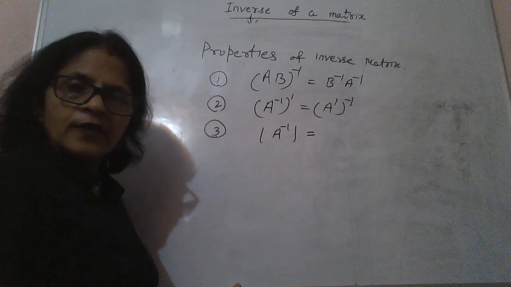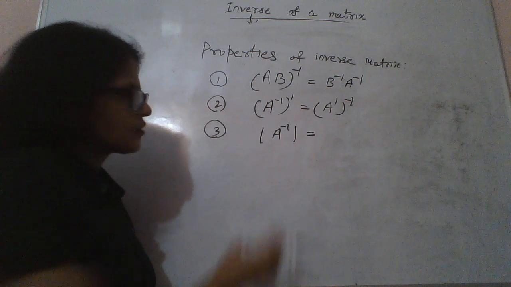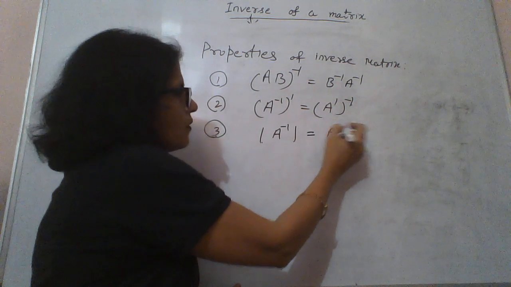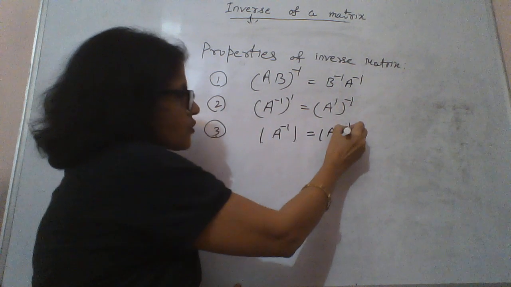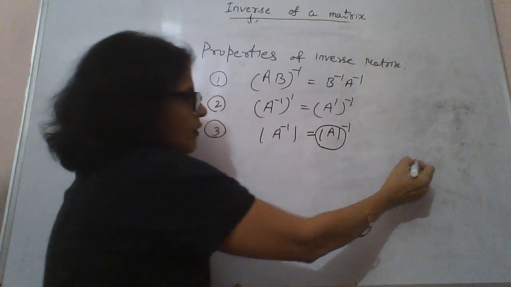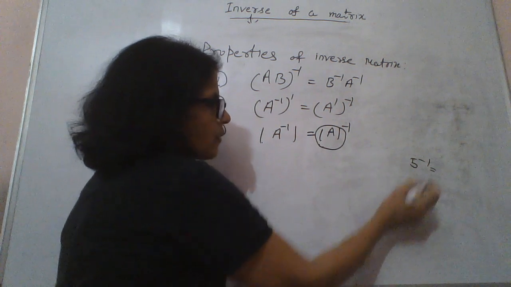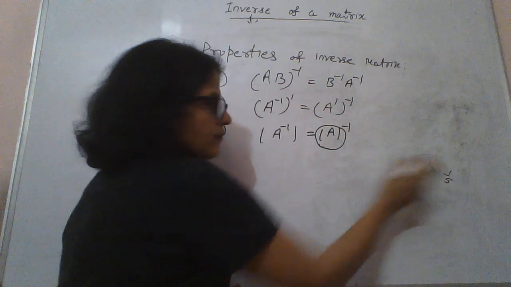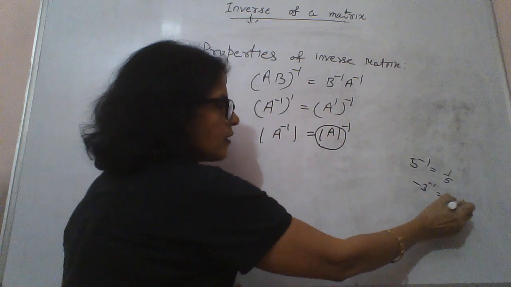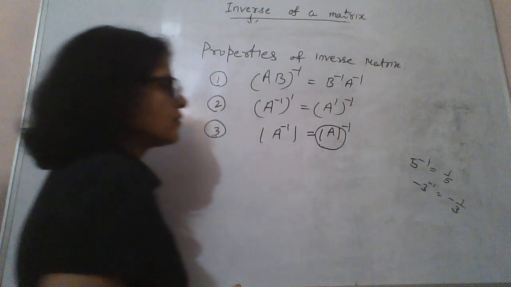So any square matrix has a determinant. So determinant of A inverse equal to inverse of the determinant. And inverse of the determinant means what? Whenever we say 5 to the power minus 1, it is 1 by 5, right? Minus 3 to the power minus 1, we write it as minus 1 by 3.